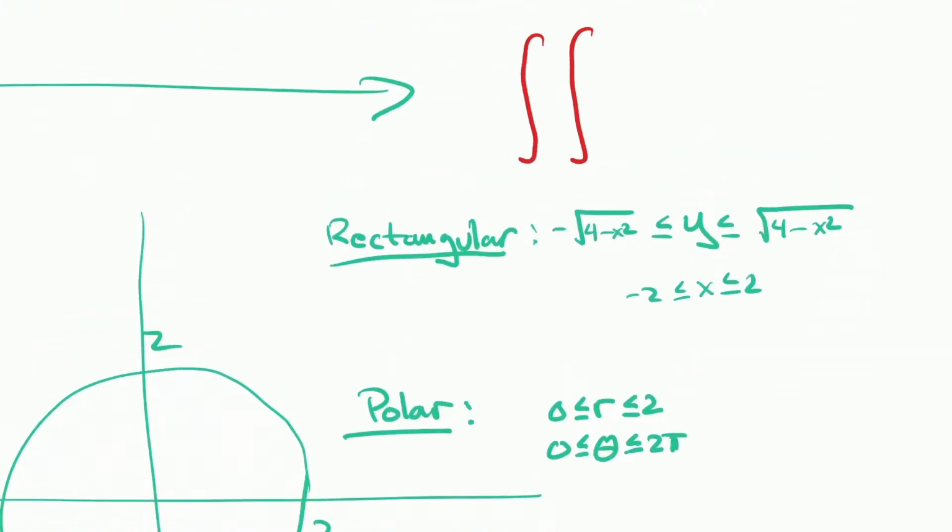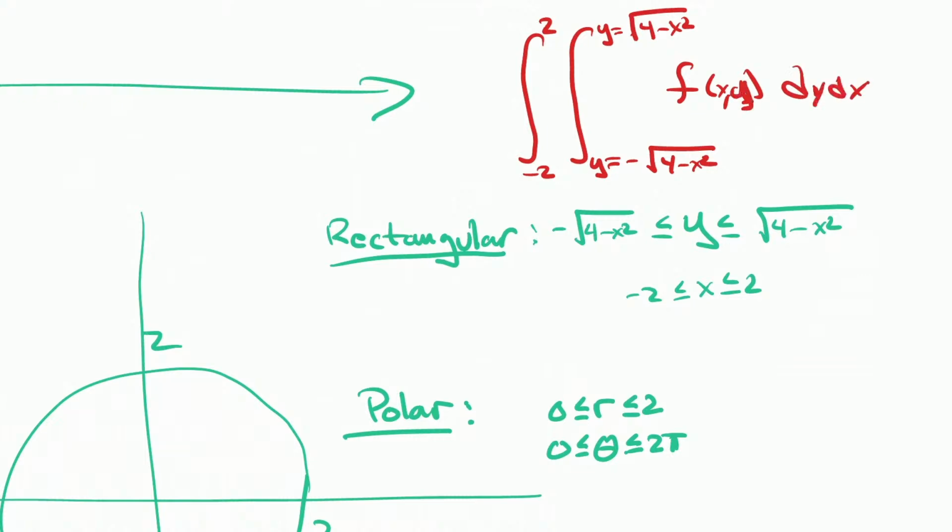You would have this double integral, x is fine, it's the y. The y is so nasty. y goes from negative square root of 4 minus x squared to the square root of 4 minus x squared. And then you've got your function f in there, dy dx. Those limits are so nasty.